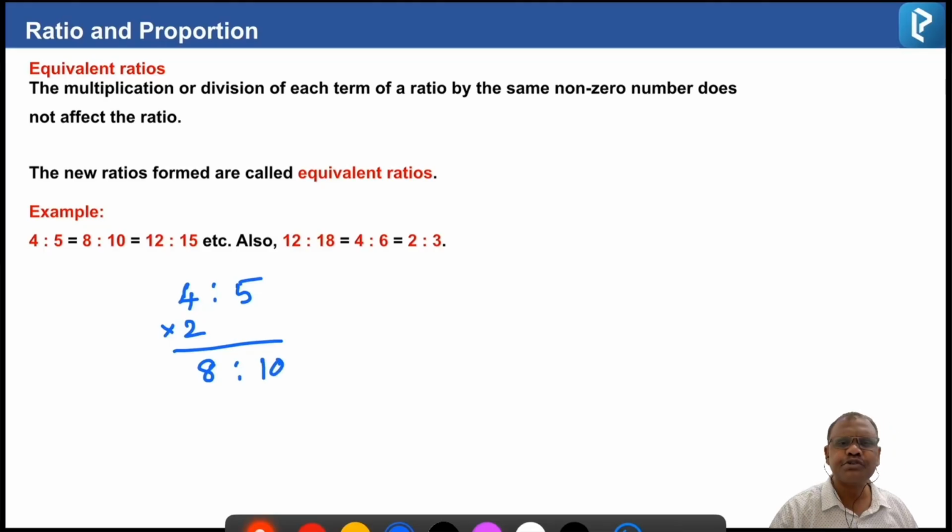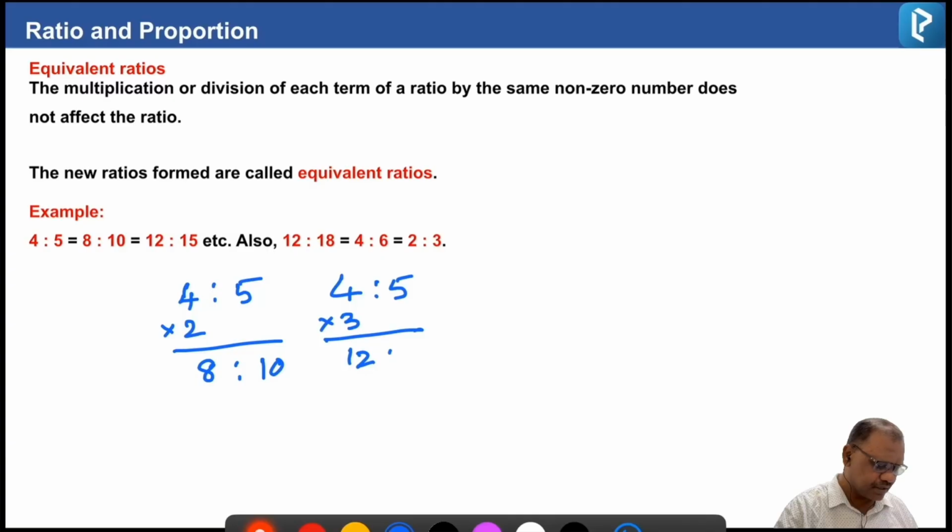So the new ratio formed is 8 is to 10. This is an equivalent ratio of the given ratio. Or if it is multiplied by say 3, 4 3s are 12, 5 3s are 15. 12 is to 15. This is another equivalent ratio.